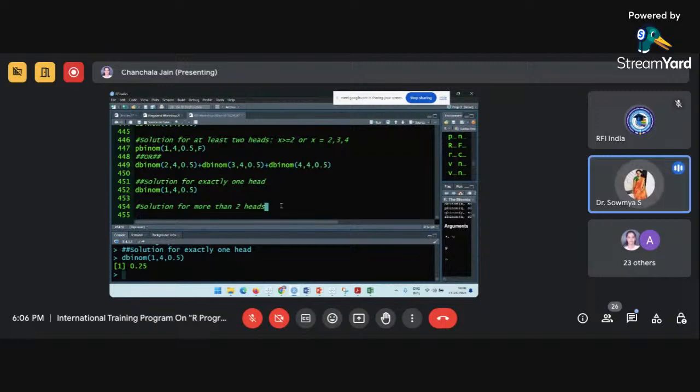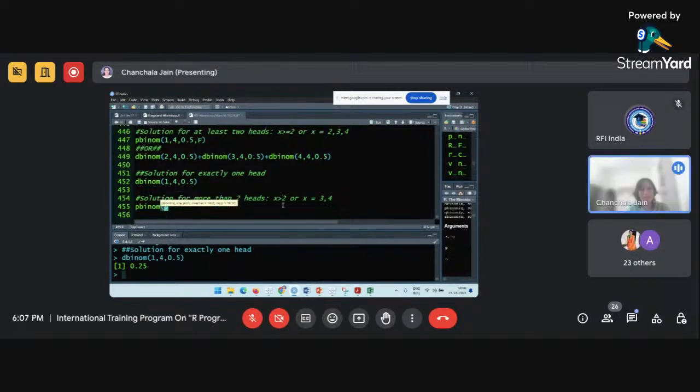P binom, right? Here I am looking for more than 2 heads. That means x is greater than 2, or x should be equal to 3 or 4. So here what do I need to write? P binom. Then at the first position what will I pass?